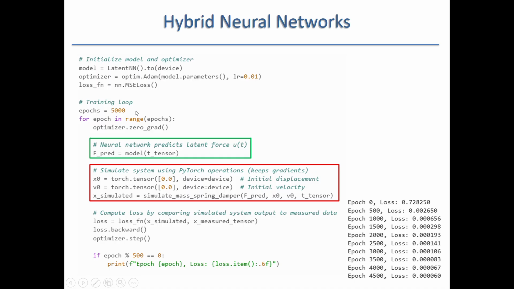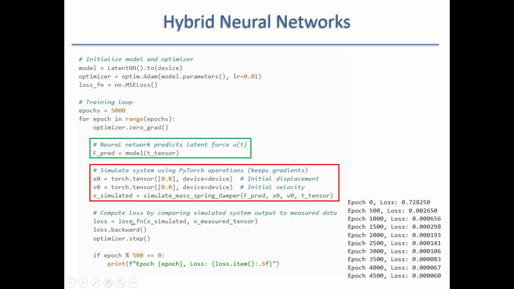So now we define our model, and then we predict the force according to this model. The beginning will be 0, and then we have our initial position, initial velocity. We simulate with this force, this initial velocity and position, and the time. So we have the position of the system at all points. We compute our loss.